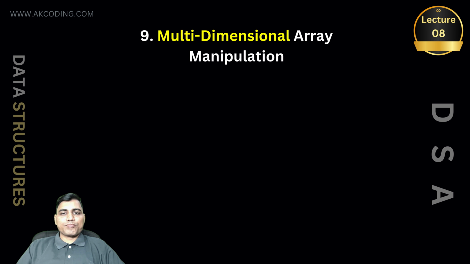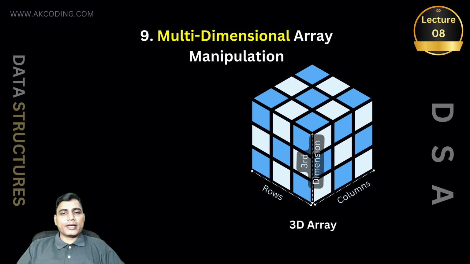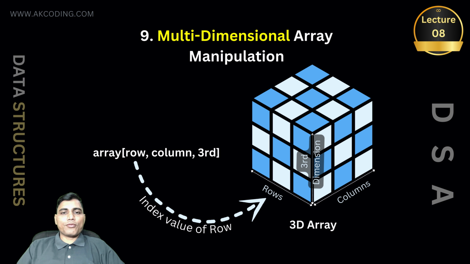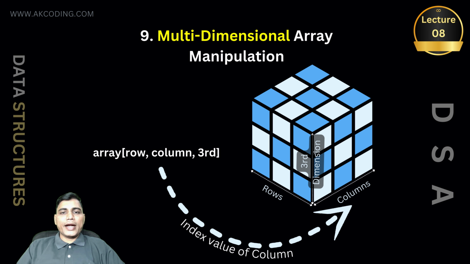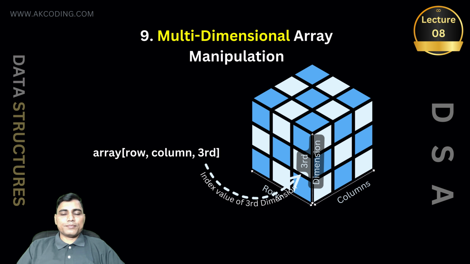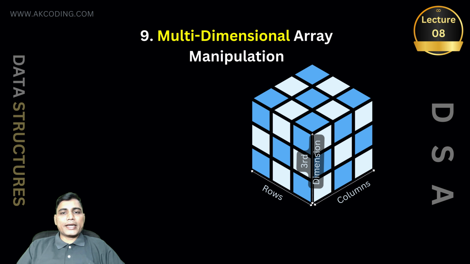Multidimensional arrays are an extension of regular one-dimensional arrays where data is organized in more than one dimension. Let's take an example of a 3D array: array within square brackets, index value of row, comma, index value of column, comma, index value of the third dimension. Flattening multidimensional arrays: using recursive logic or the flat method, we can flatten multidimensional arrays.